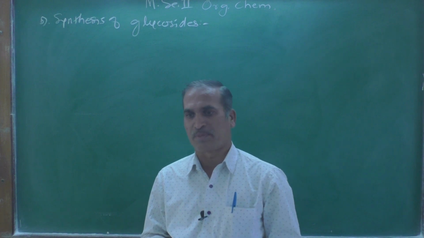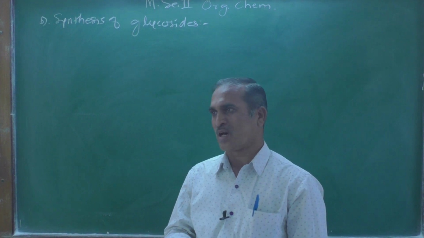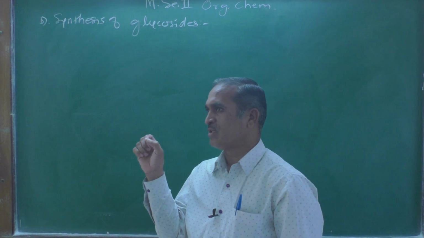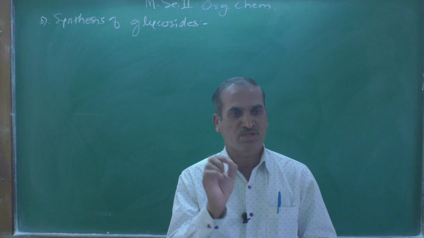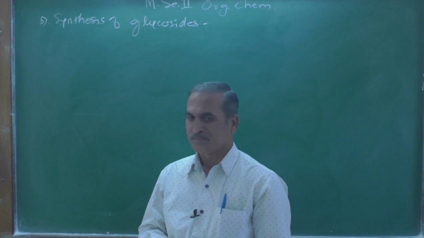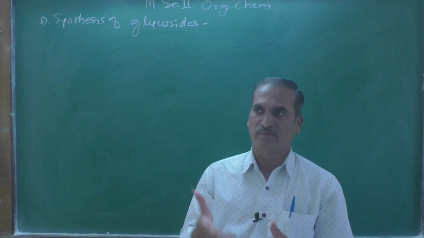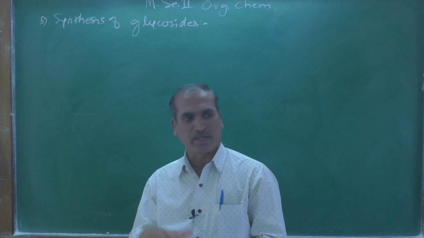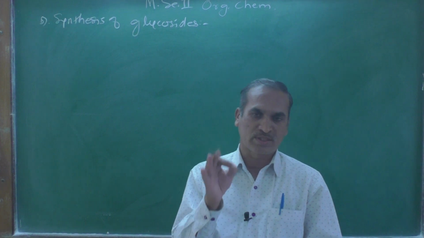which is an important property as far as carbohydrate chemistry is concerned, that is the reducing sugar, or the nature of the reducing sugar. What is the actual concept of reducing sugar?